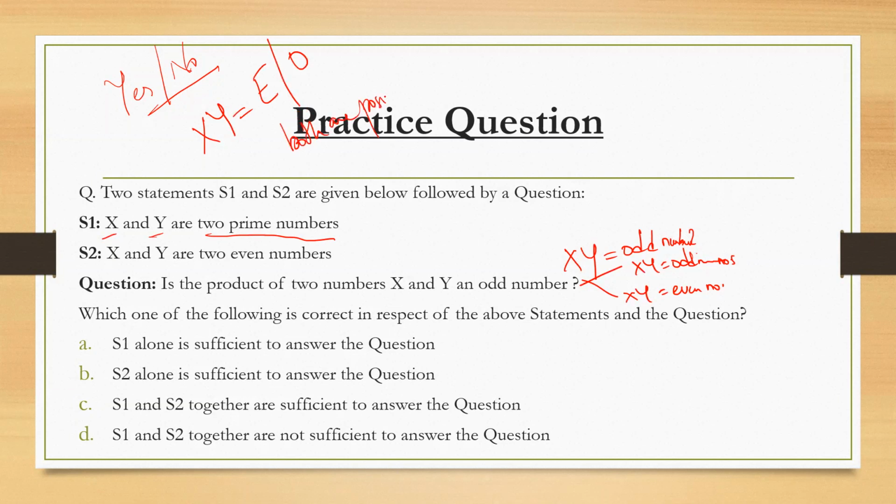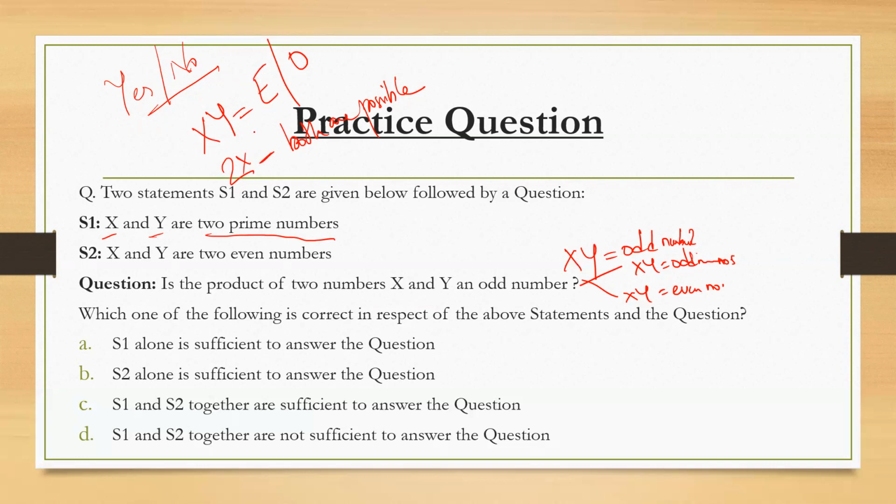Why? Because if either x or y is a 2, as we discussed when we covered prime numbers in the first class, 2 is the only even prime number. So if we have a 2, then the product becomes even. It does not matter what the other prime number is.